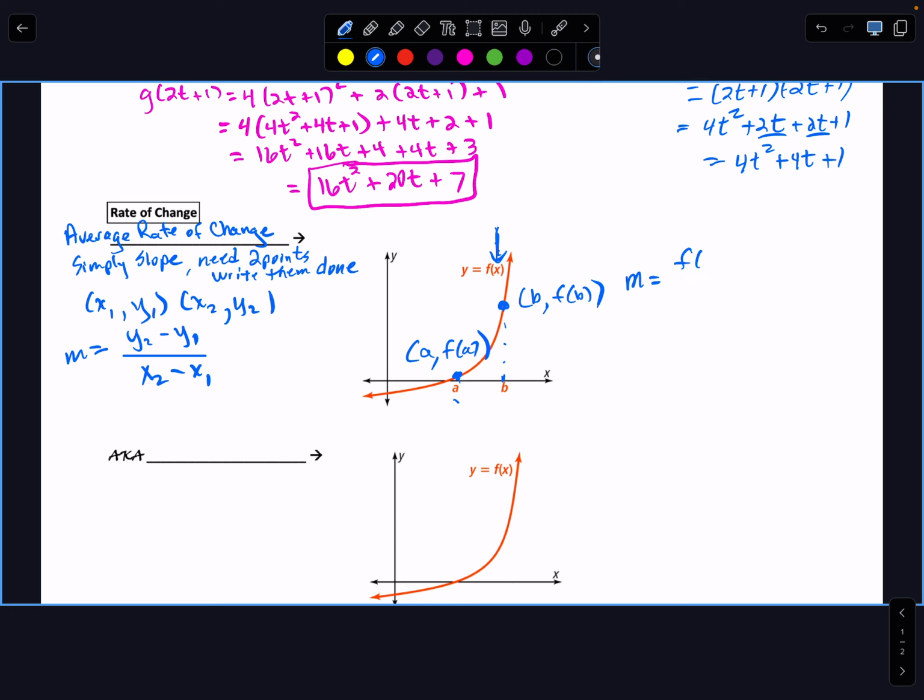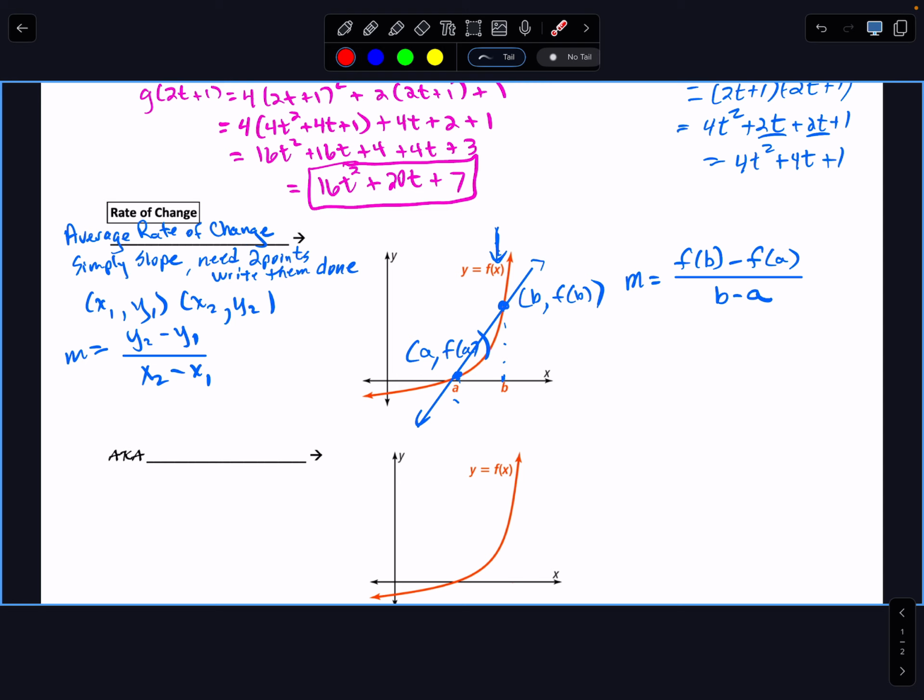So f of b minus f of a all over b minus a. It's simply slope. What you are finding is the slope of the line through those 2 points.